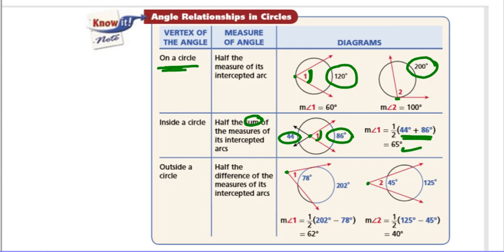So 202 minus 78, and find its half, will be 62. Angle 2: find the difference and find its half. The difference 125 minus 45, then divided by 2, will be 40.